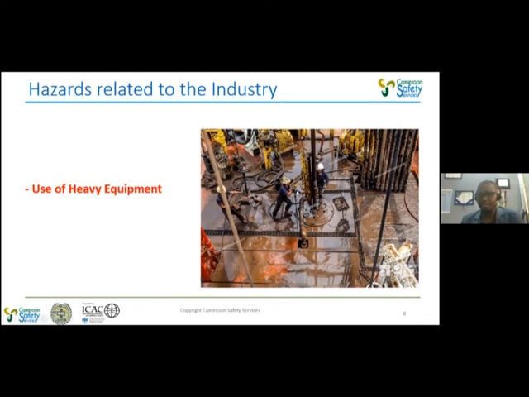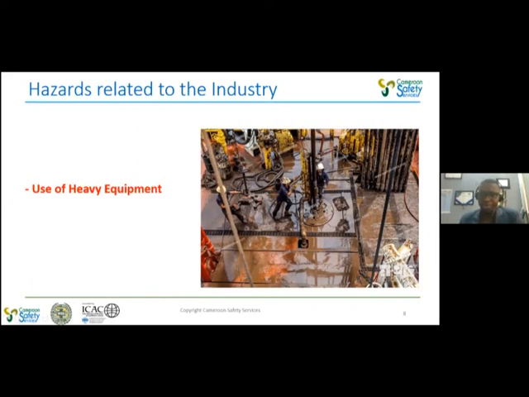And because humans are a major factor in terms of accident causation, you see here they are not wearing any form of hand protection. You see that they're wearing just shirts with hands exposed to the atmosphere.